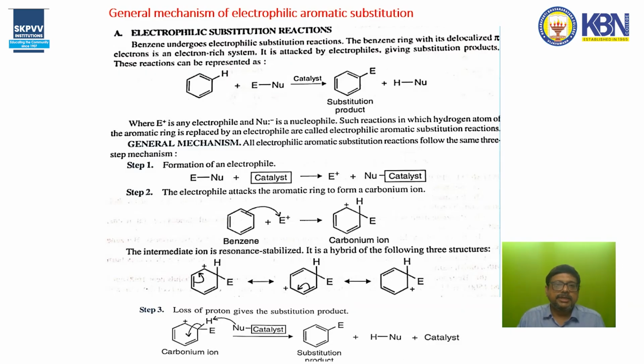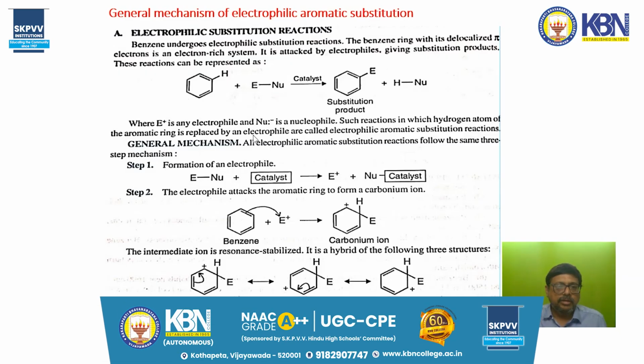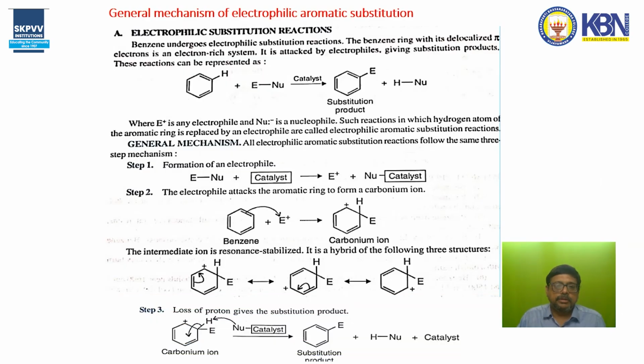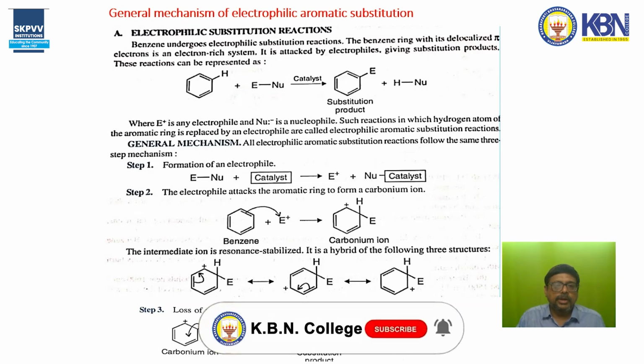So these reactions can be represented as, in the given equation, benzene, when it reacts with a reagent, it contains both electrophile and nucleophile. In the presence of catalyst, substitution takes place. It gives substituted product.